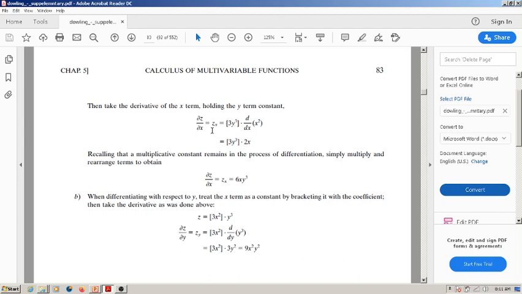If a constant is there, then that constant is retained. Also the y term will be retained. 3y cube is retained as such, and we are finding the differential of x square, d by dx of x square. So it will turn out to be 3y cube into the differential of x square, which is 2x.